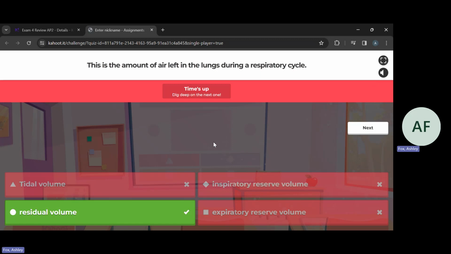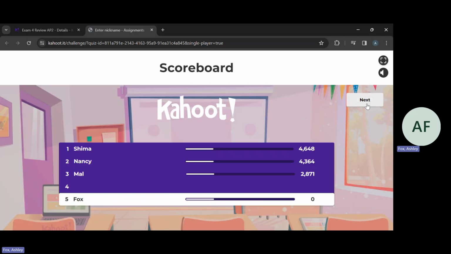There is some air that stays in the lungs to keep all the alveoli open. Tidal volume is the normal breathing in and out. Inspiratory reserve volume is how much more, past the normal breath, you can inspire or breathe in. Expiratory reserve volume is anything past normal that you can push out, or expire.